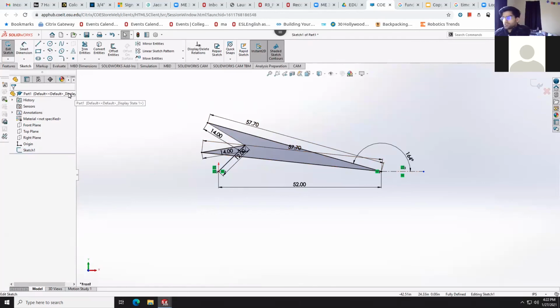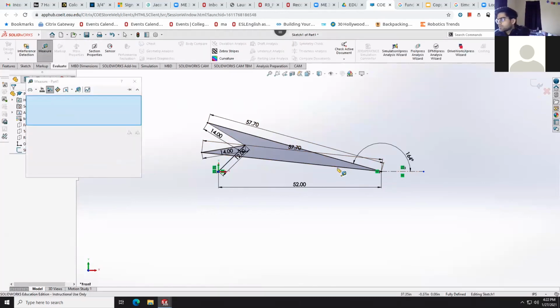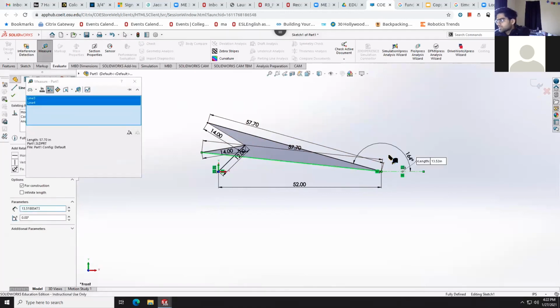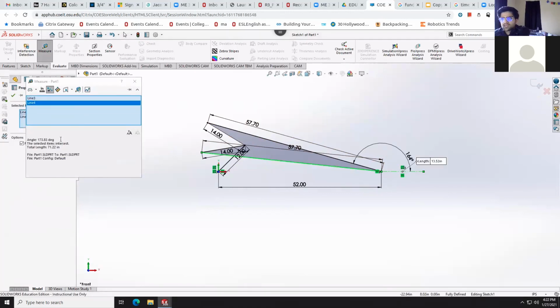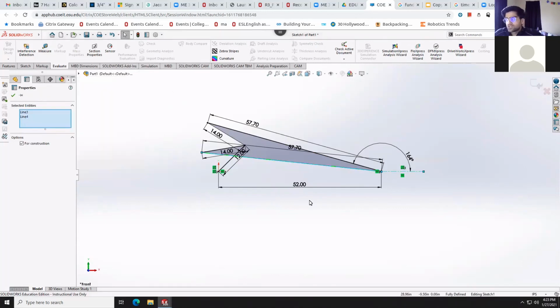If I tell you to measure the angle, evaluate and measure, select these two lines, and you can see this angle is almost 173, and that was the other solution. That was close enough to the other solution. So you can clearly see that the smallest angle will be the solution. The smallest was 164, and that is our solution. That's how you can visualize this in SolidWorks.